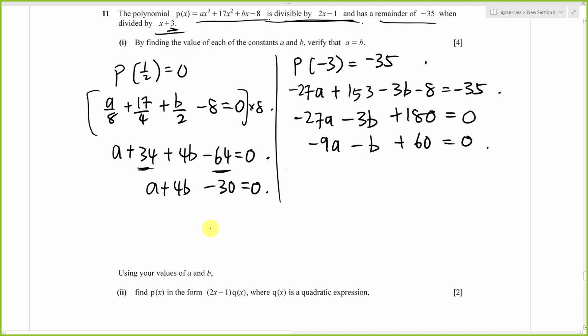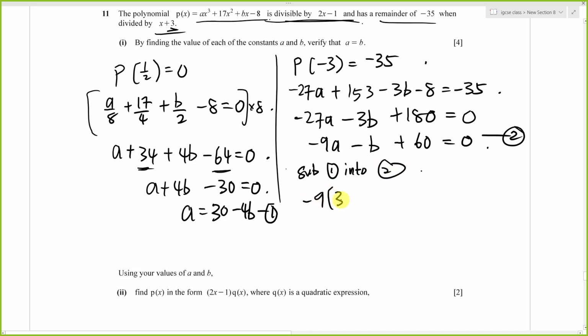Yeah, just do the substitution. a equals 30 minus 4b from the first equation, substitute 1 into 2. So negative 9 times 30 minus, but I want to verify they are equal, right? Yeah, I think it should be okay. Let's do it until the end and see what happens. Okay, so plus 60 equals 0.